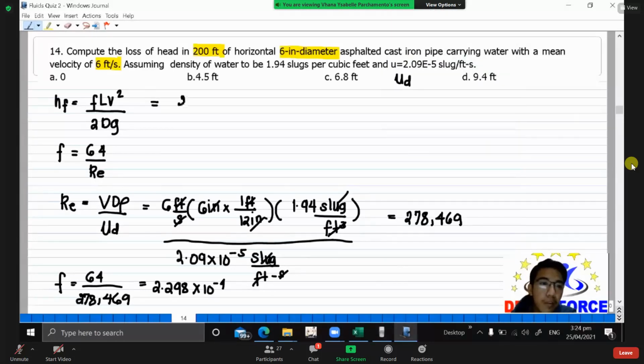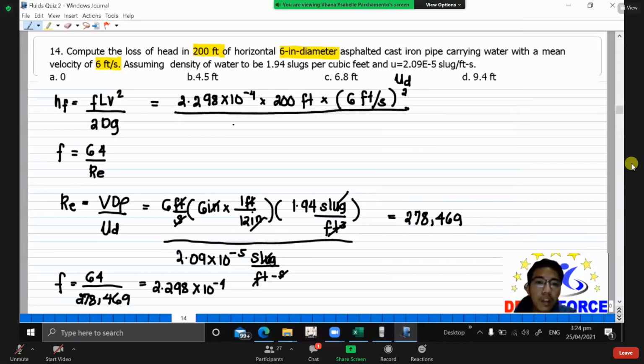Okay, pwede na? We have 2.298 times 10 raised to negative 4 times the length of 200 feet times the velocity of 6 feet per second, squared, all over 2 times the diameter. Ito na siya.